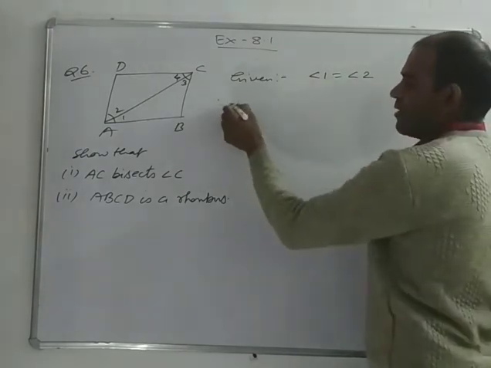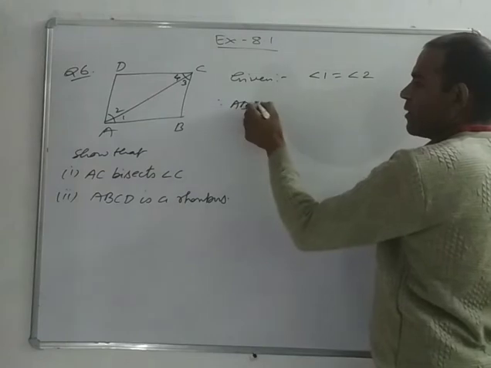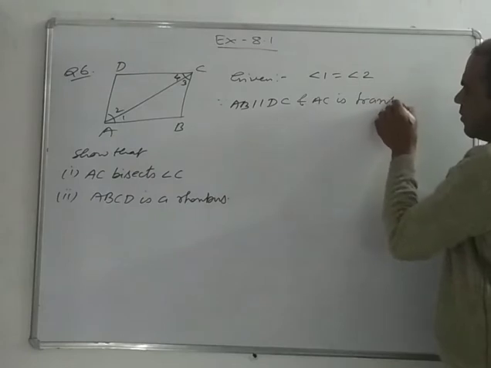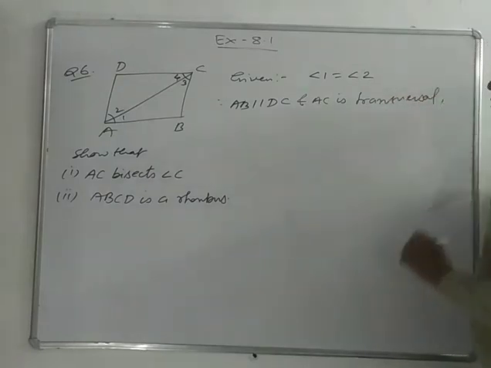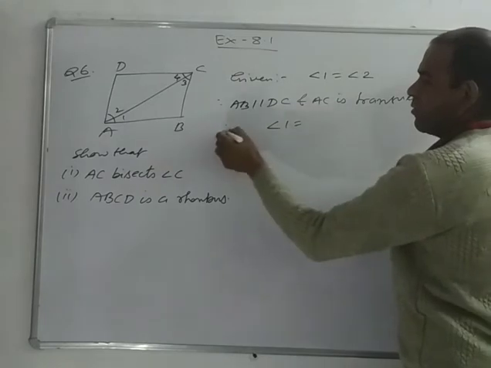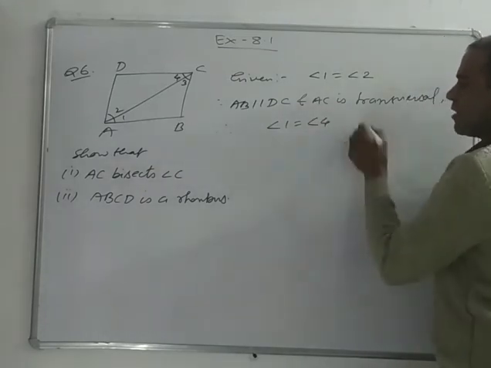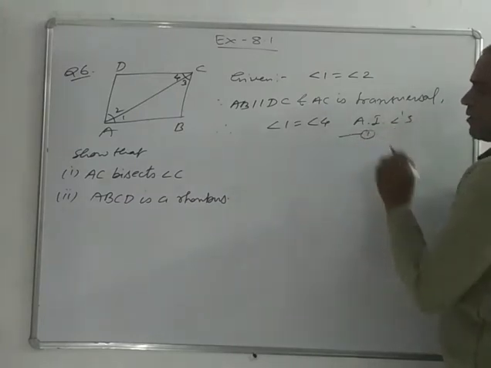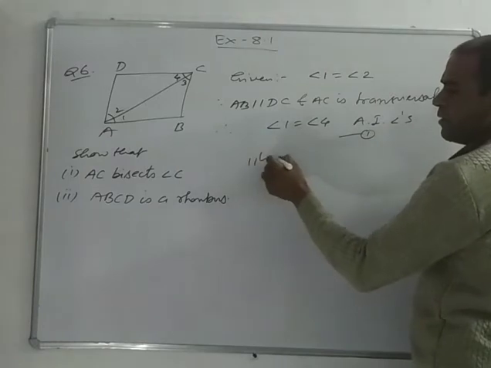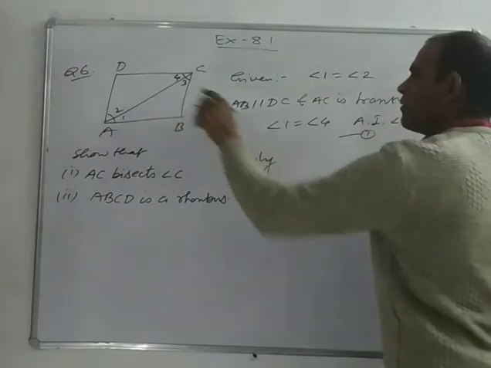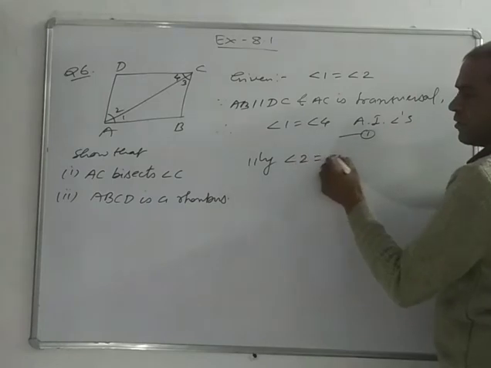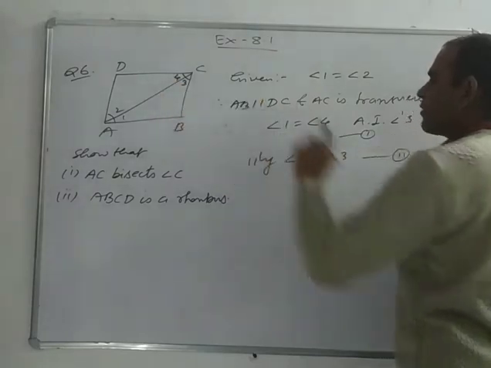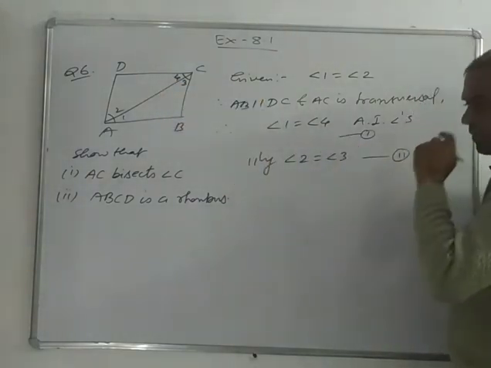So we start: AB is parallel to DC and AC is transversal. Therefore angle 1 equal to 4. Reason: alternate interior angles. Equation first. Similarly we can prove 2 equal to 3, equation second. 1 equal to 4 and 2 equal to 3, these are equations first and second.